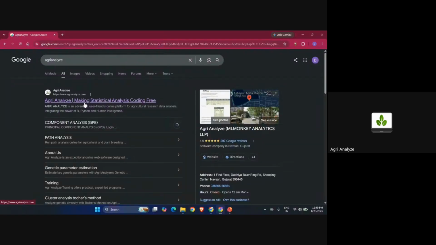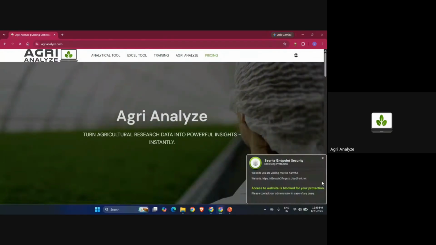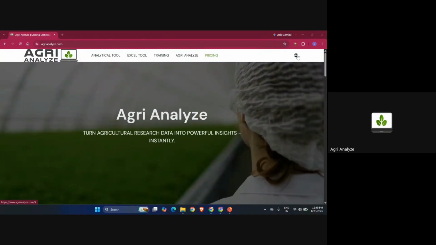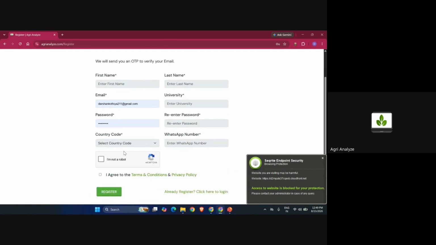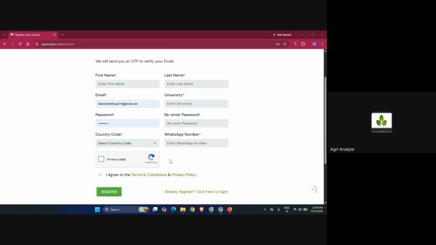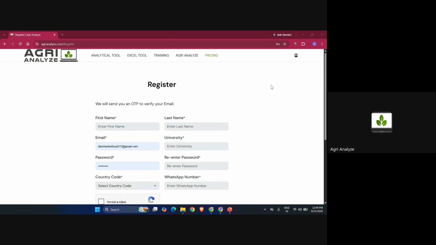In AgriAnalyze, no coding is required for your analysis. This is eco-friendly for all researchers who do not know coding in any software. From this icon, you have to register yourself by filling in the required information. If you are already registered, simply log in.